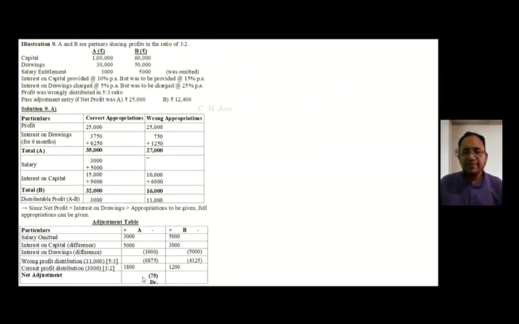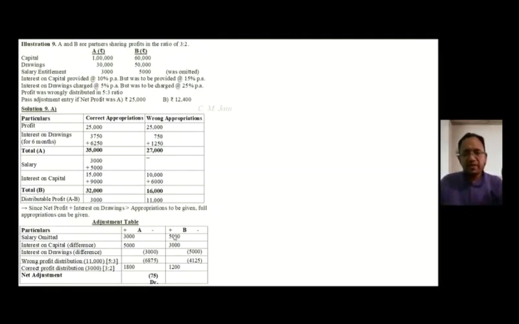That means we will debit A's capital account with 75 rupees. Because whenever we give anything to a partner, the partner's capital increases. And when capital increases, it is credited. Whenever we take something from the partner, the capital decreases. And whenever capital decreases, it is debited.